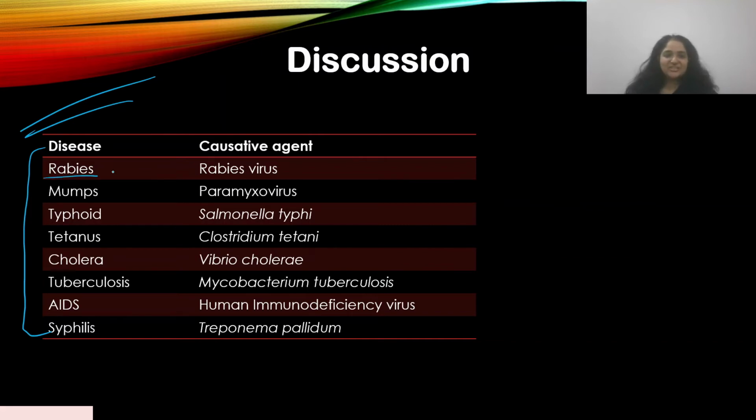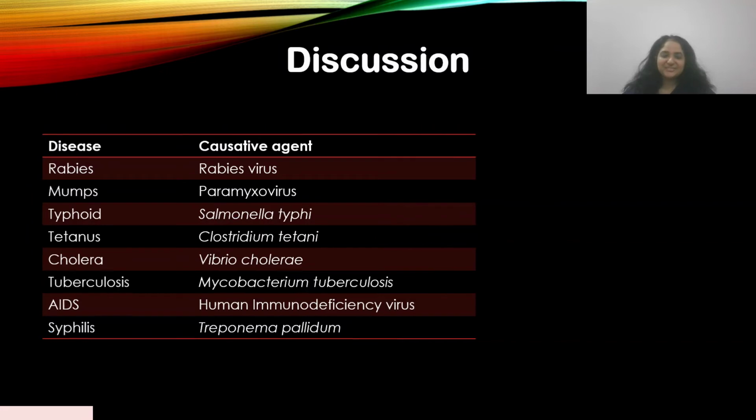You can clearly see rabies is caused by the rabies virus and mumps by a paramyxovirus. Basically, they were just testing you on whether you know which is a viral disease, which is a bacterial disease, which is a protozoan or parasitic disease, and so on. Let's move on. Pretty simple.